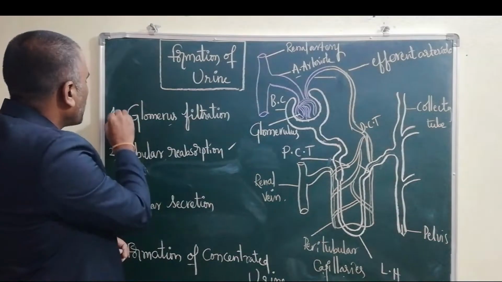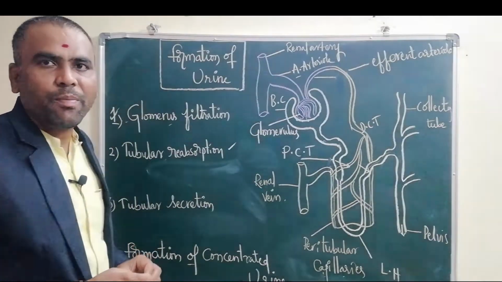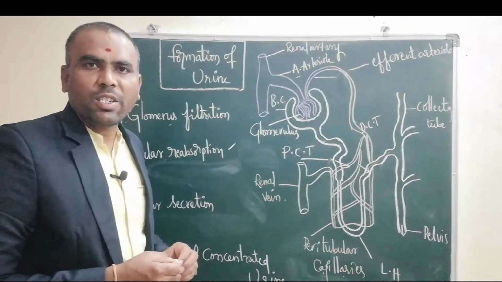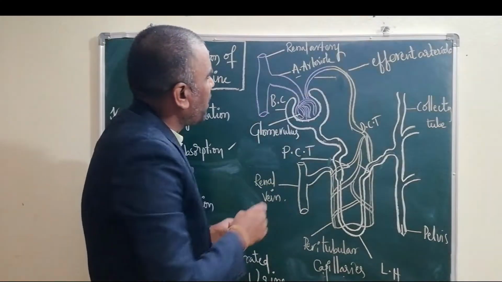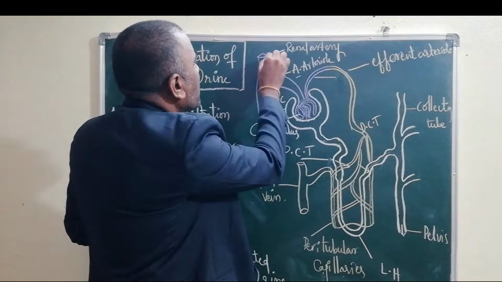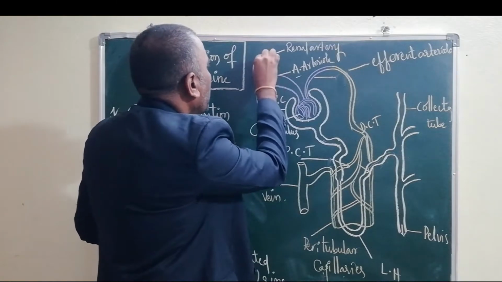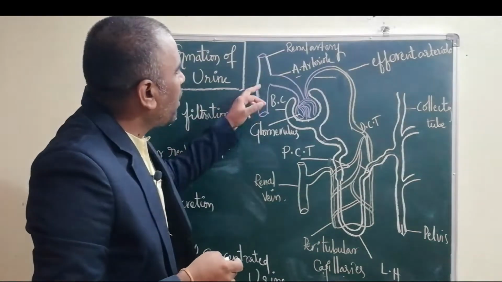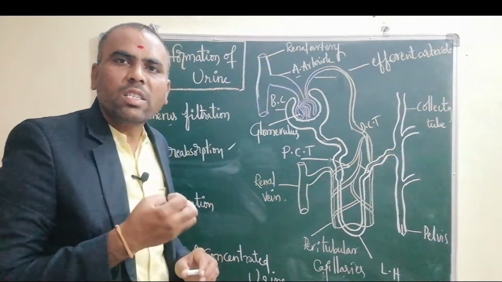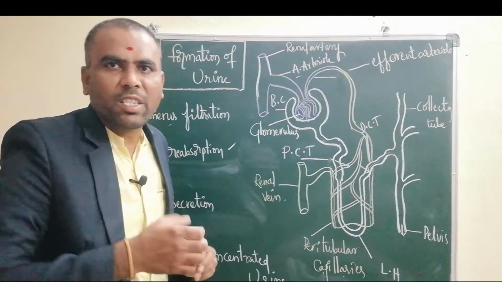Let us see the first one, glomerular filtration. What is glomerular filtration? Let us discuss. If you observe the structure of the nephron, it has one artery, the renal artery. This renal artery carries oxygenated blood along with some wastages.